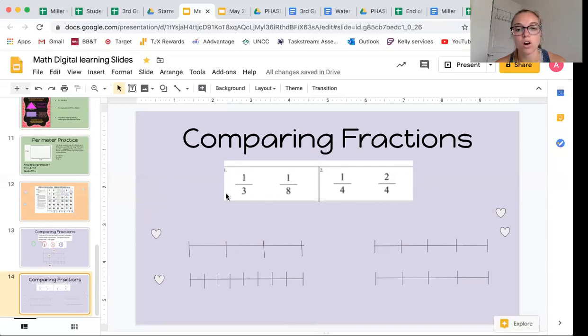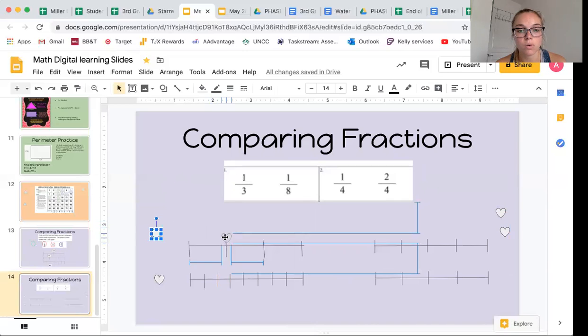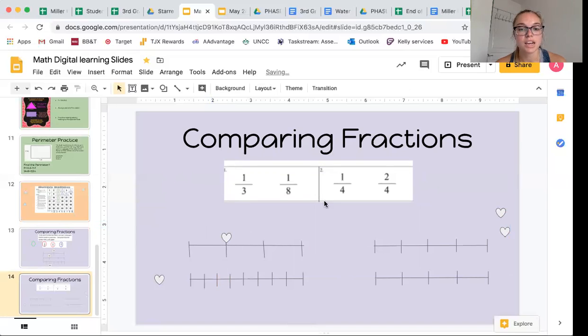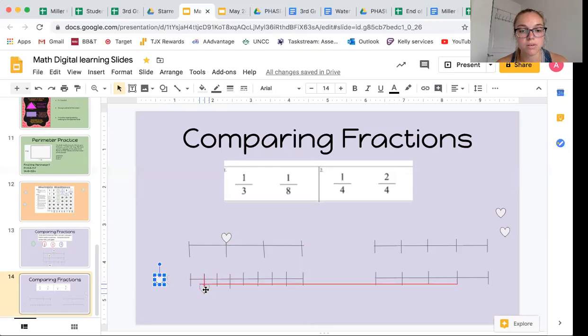I'm going to put the heart on where that fraction is. So I have 1/3, so one piece is going to be shaded with 3 total pieces. So I have drawn out 3 total pieces here, 1, 2, 3, and my 1/3 would go right about here. Then I have 8 total pieces, so 1, 2, 3, 4, 5, 6, 7, 8. 1/8 would be right here.